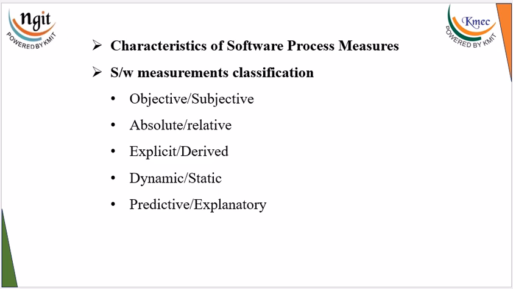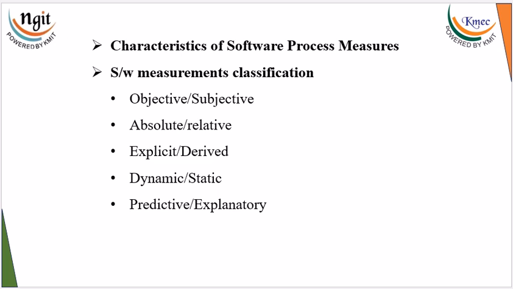The software measures are classified into the following categories. First is objective versus subjective. This distinguishes which measures depend on human judgment. Second is absolute versus relative. Absolute measures are independent in nature, independent of your program size or your time.